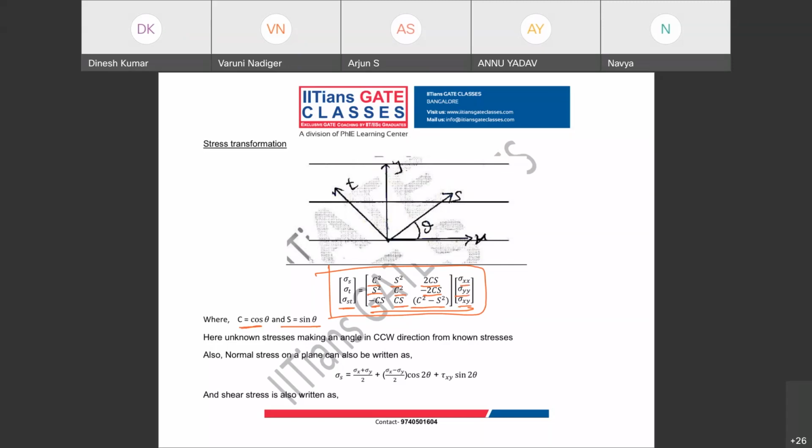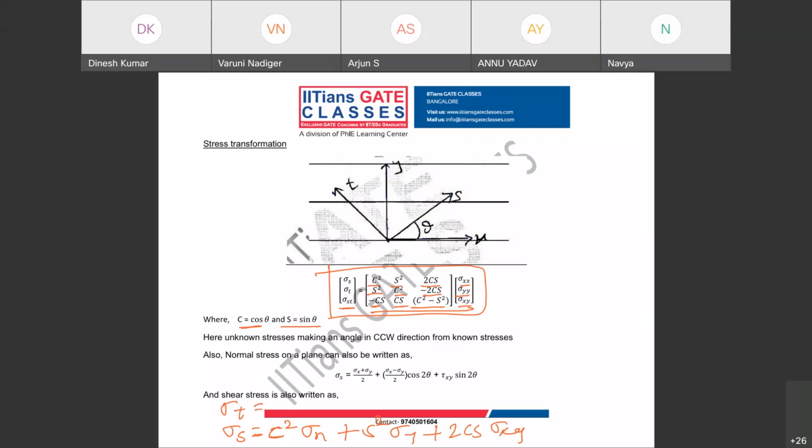Now someone say, what is sigma S? If you want to write from that matrix, you can simply expand that matrix. So what will your sigma S be, guys? It will be C square sigma X plus S square sigma Y plus 2CS sigma XY. What will your sigma T be, guys?